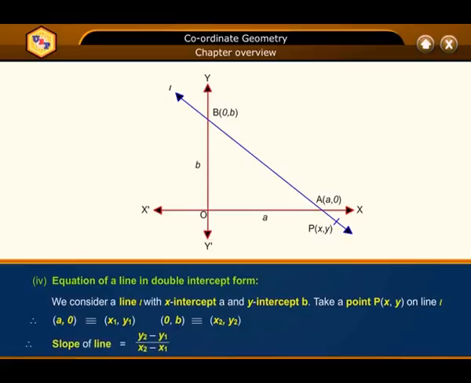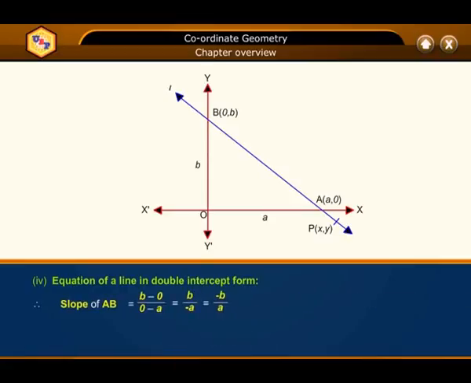Slope of line is equal to (y2 minus y1) by (x2 minus x1). Slope of AB is equal to (b minus 0) by (0 minus a), which is equal to b by minus a, that is, minus b by a.